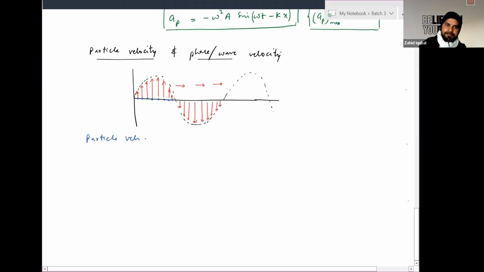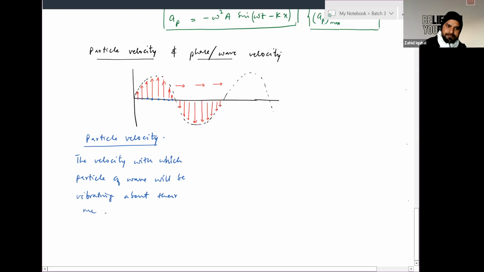So first is the velocity with which particles of a wave will be vibrating about their mean position, is called particle velocity.